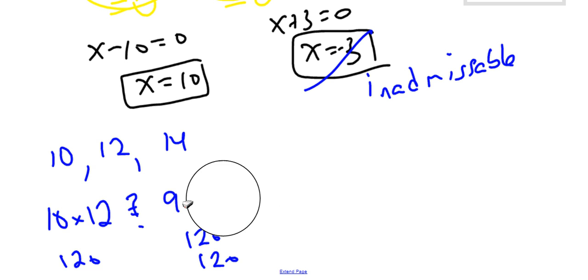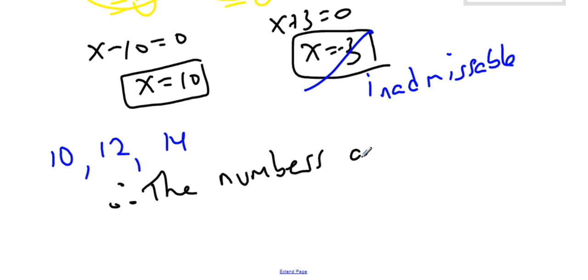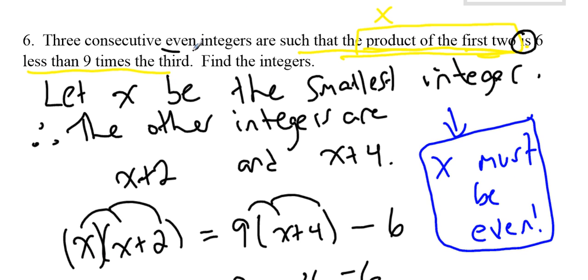So I will finish by saying, therefore, the numbers are 10, 12, and 14. And remember, this was inadmissible because it was an odd number, and the question said I wanted an even number.